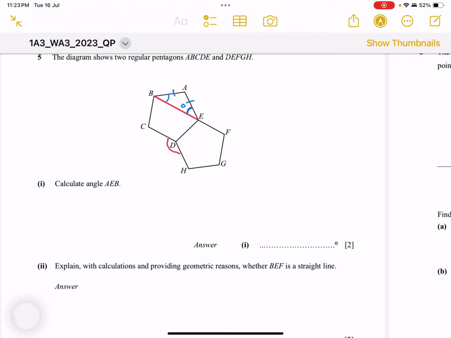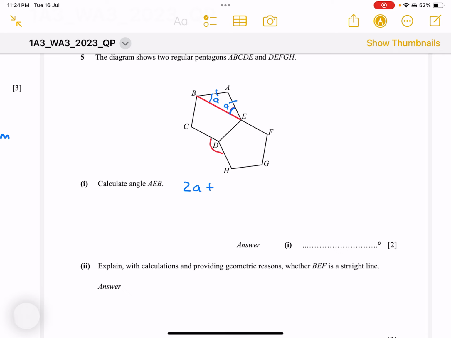Let us call these two similar angles A, plus the interior angle is 108. How do we get 108?